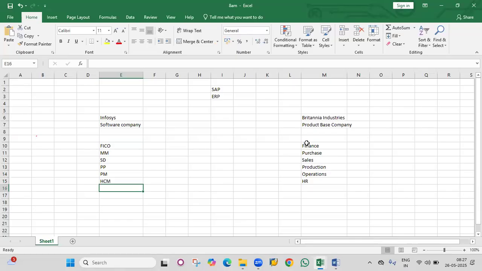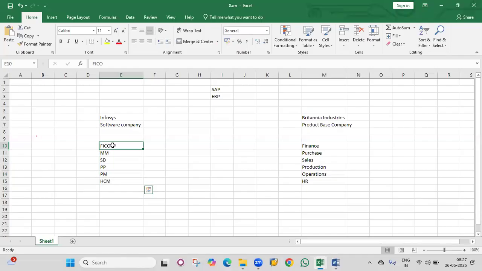If you are in the retail industry, you have a separate solution in SAP. Media companies like NDTV or Republic TV, and even Sakshi TV in our Hyderabad, are also using SAP. They have a different module. Based on the business, SAP has given different modules and different solutions.